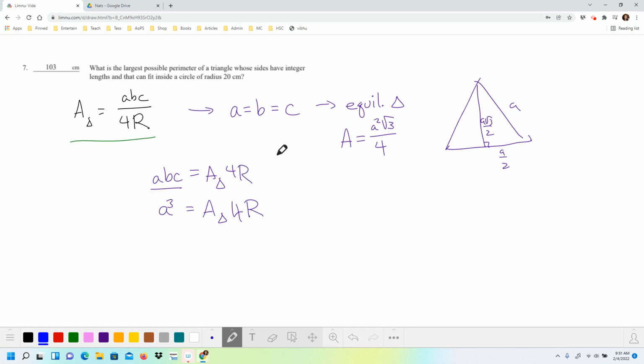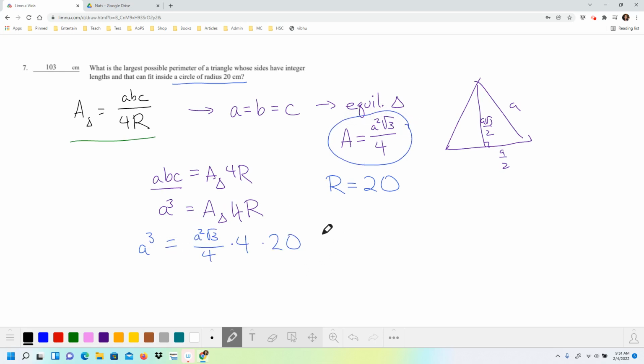Also, we want to fit this triangle inside of a circle with radius 20. So let's start off with a circumradius of 20 and see if we can get a triangle that's slightly smaller than this. So doing our substitution for the area of an equilateral triangle and solving for a, it seems like our maximum perimeter of this triangle is going to be something like 3a.